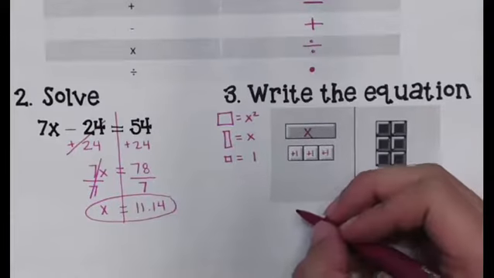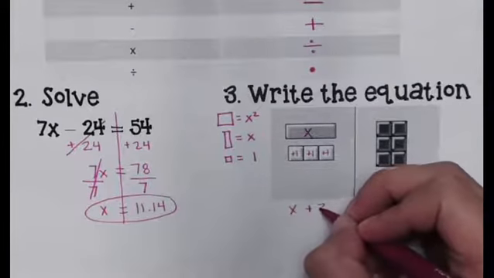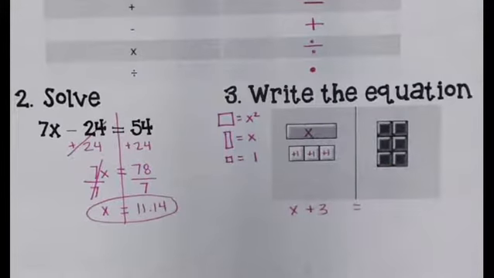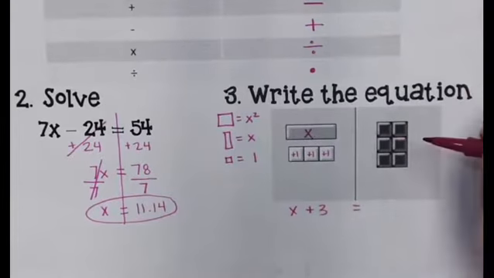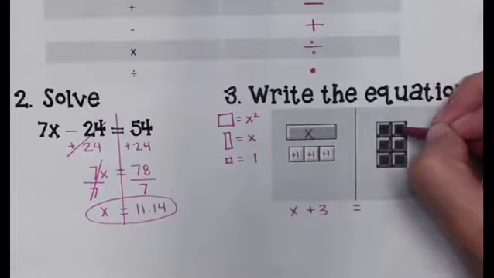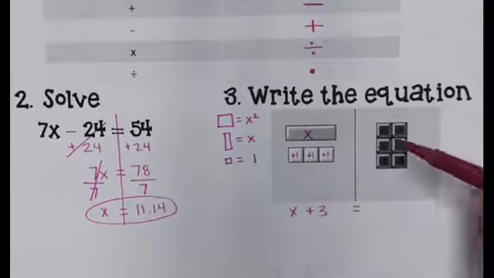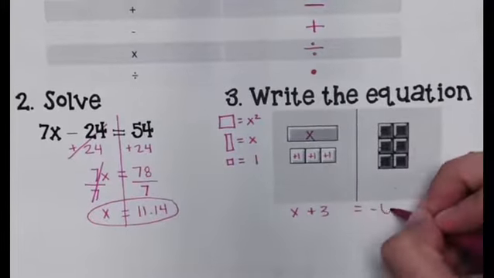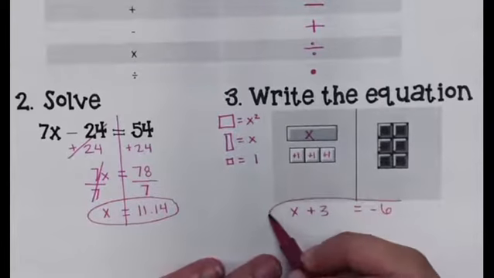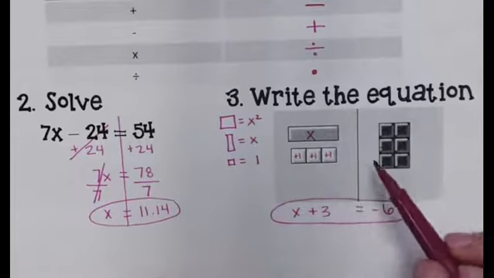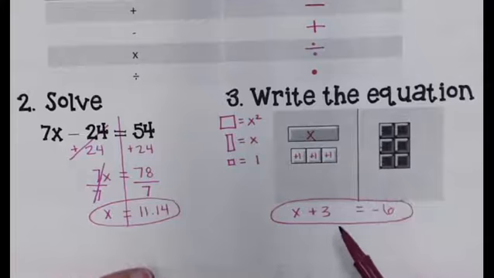So the left side of the equation is x plus 3 equals, since these are shaded, that represents negative. So negative 1, negative 1, negative 1, negative 1, negative 1, negative 1. Total, I have negative 6. So your equation that models this would be x plus 3 equals negative 6.